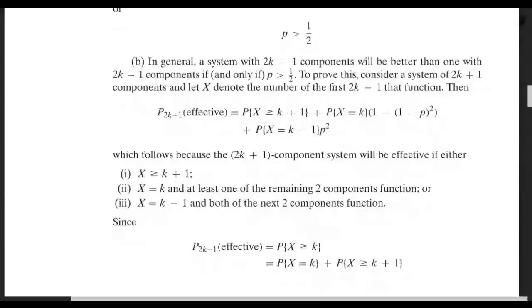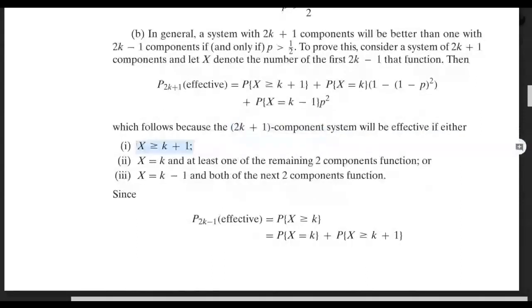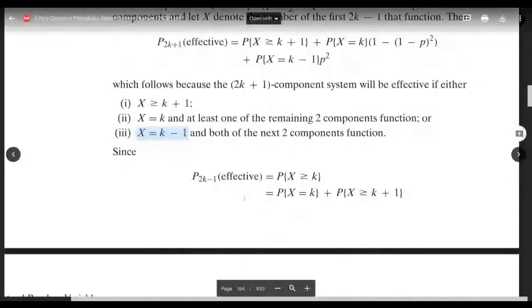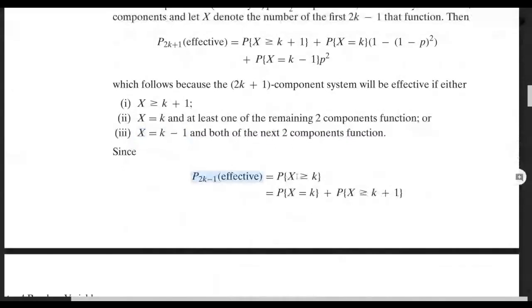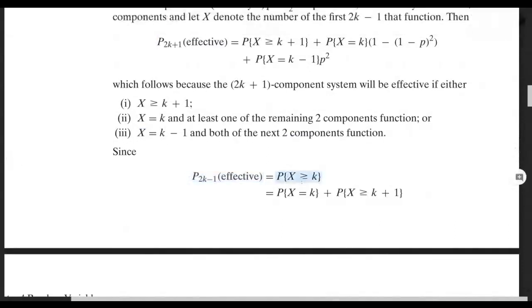If we do the calculation, this is for 2k minus 1. So the above is 2k plus 1, and this is for 2k minus 1. That's X greater than or equal to k, which means equal to k and greater than or equal to k plus 1.